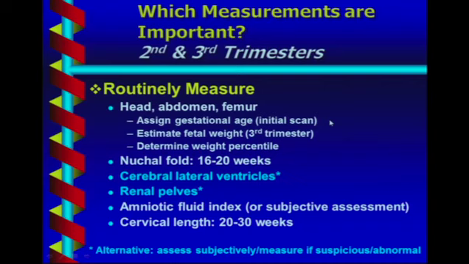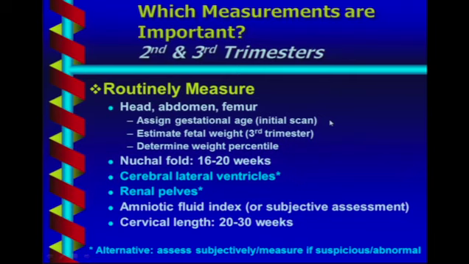We measure the Nuchal Fold at 16 to 20 weeks, the cerebral lateral ventricles and renal pelves. We either measure or assess subjectively and measure if it looks suspicious or abnormal. Amniotic fluid index or subjective assessment should always be done.